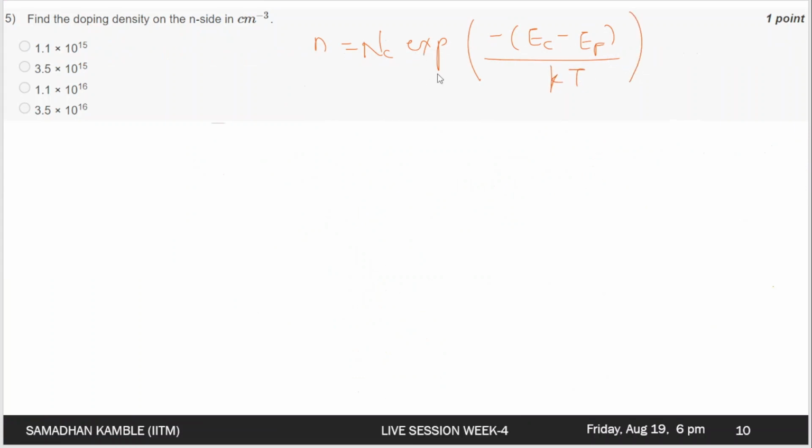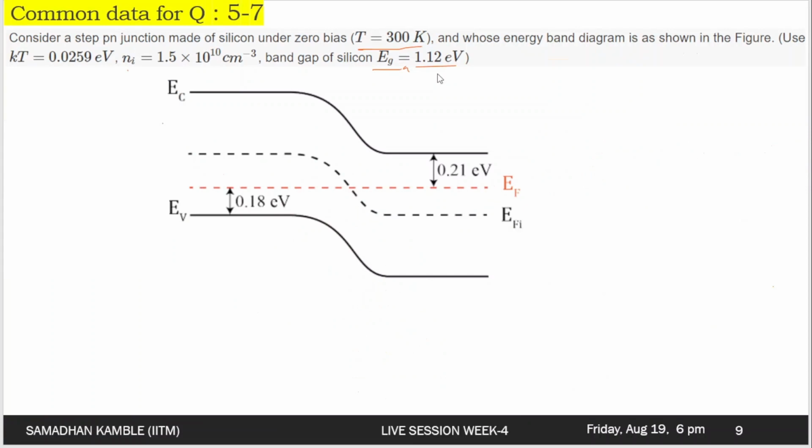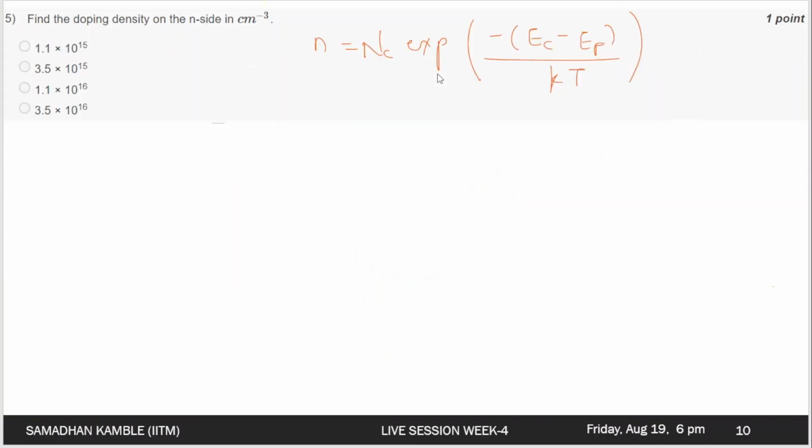However, we haven't been given the value of Nc, the concentration in the conduction level, so we cannot use this particular formula.